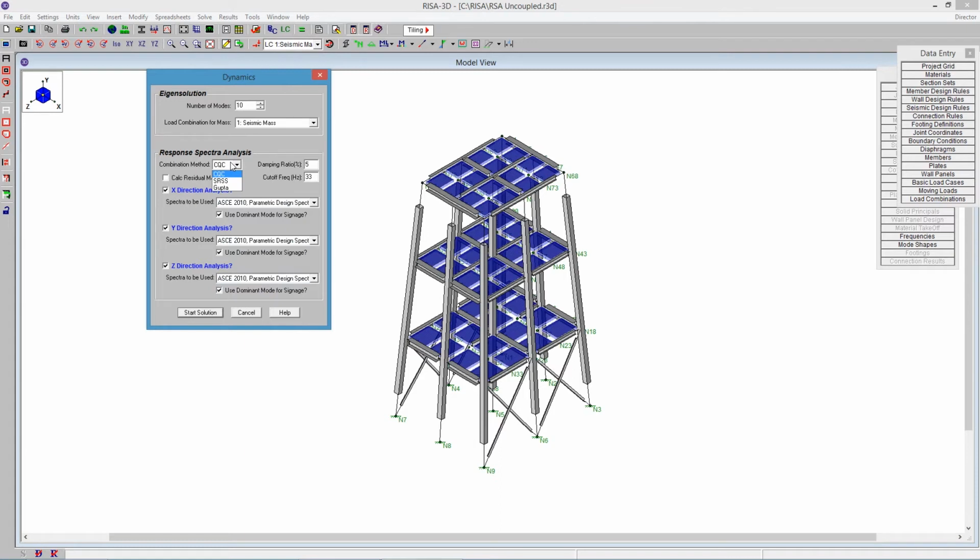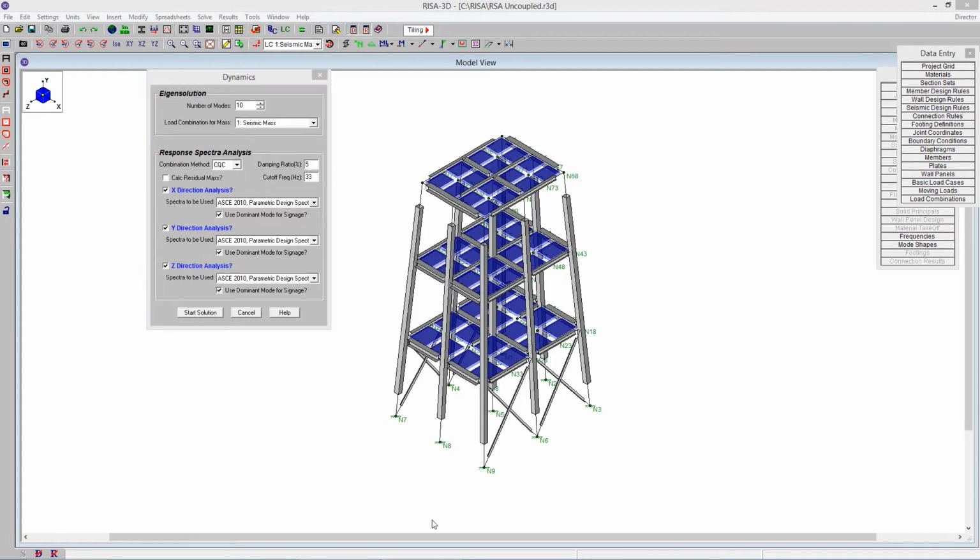We're going to use the combination method. We're going to use a CQC. You have the ability to use SRSS, or the Gupta methods. All of those can be chosen. CQC is going to be the most common method, and it helps us to more accurately account for the response spectral analysis for closely spaced modes in the periodic frequency range by directly summing them with each other.